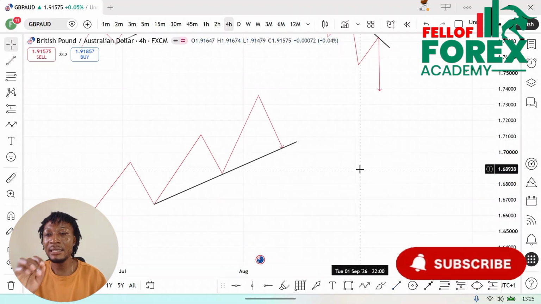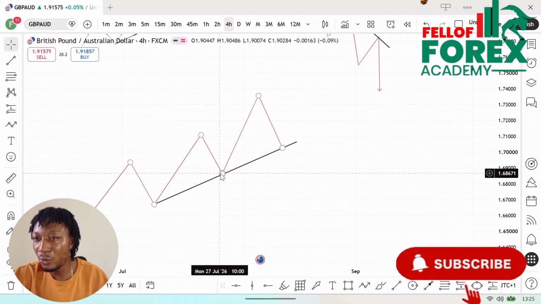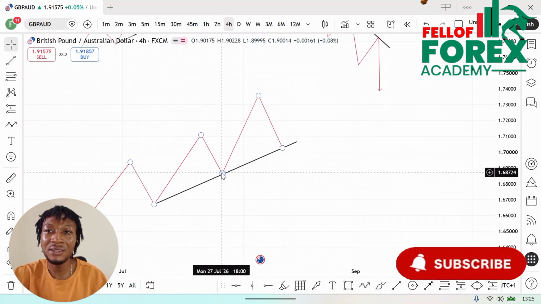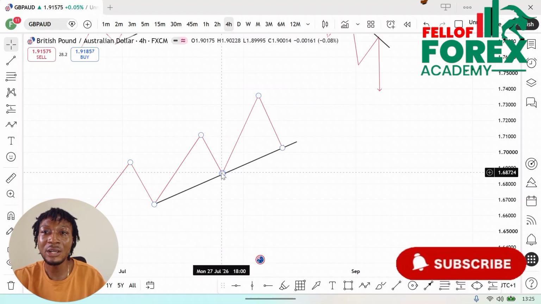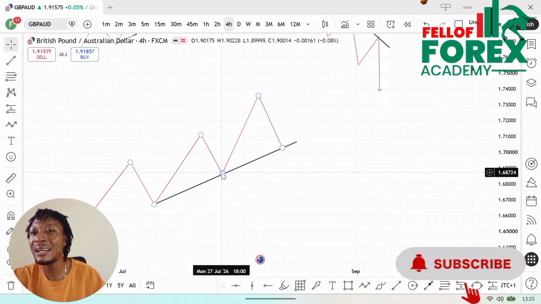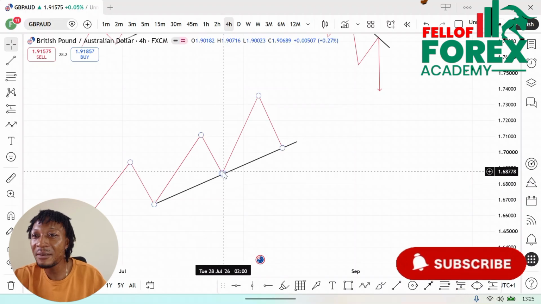The first way is you wait. When price comes to your trend line, you look for your confirmation. It can be an engulfing candle or whatever. Since I've been teaching you guys about engulfing, you just go down to a lower time frame and get an engulfing candlestick around this area, or you get a change of character on the lower, smaller time frame.